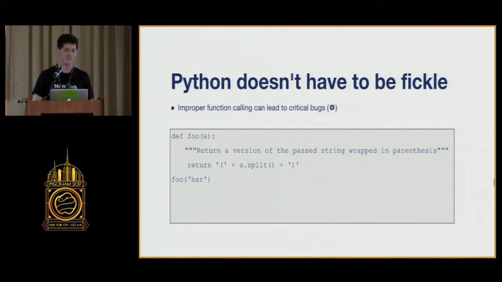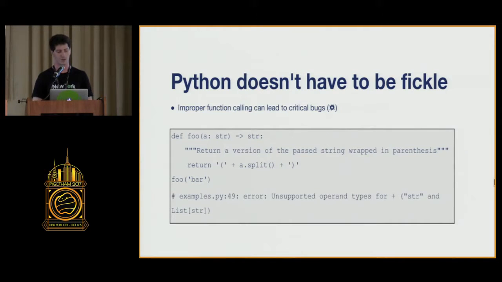It just gives you the benefit of the doubt and assumes that you know what you're doing. MyPy, being explicit, will say, okay, we know that a is a string, and calling split on a string is going to return a list of strings. So when we call foo with bar, it's going to say, boom, unsupported operand types for string and list. And again, this is caught before you deploy your code, ideally.